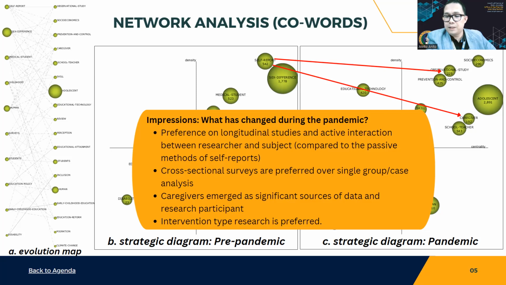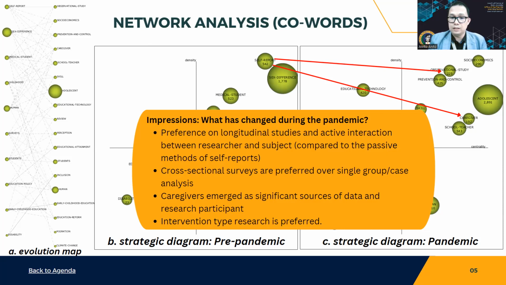It is conceptually connected to observational study and caregiver. So we say here, the observational study and caregiver still belong to quadrant 1, which can be translated as highly cohesive and highly connected domains, or what we call the essential and important domains. So self-report reduced into observational and caregiver concepts.